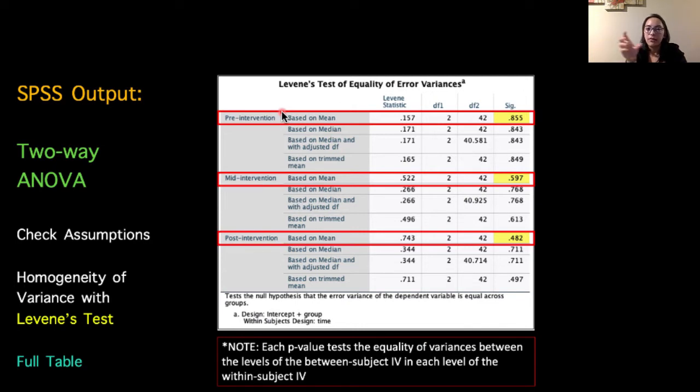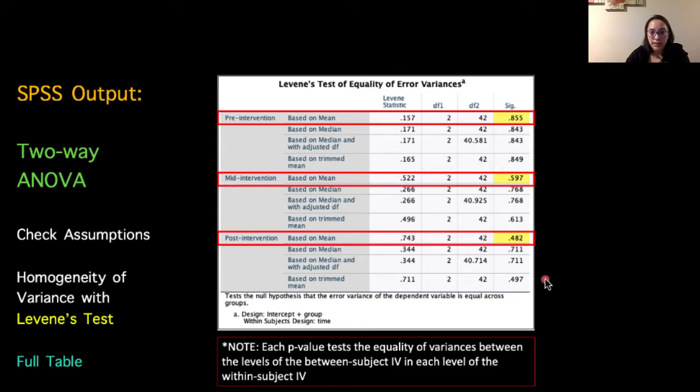And then we say, are the variances equal between all of those levels within the pre-intervention measurements? Are those variances equal in the mid-intervention measurements? And then are those variances equal in the post-intervention measurements? So the number of levels of your within subject variable that you have will end up determining how many p-values you get for Levene's test.